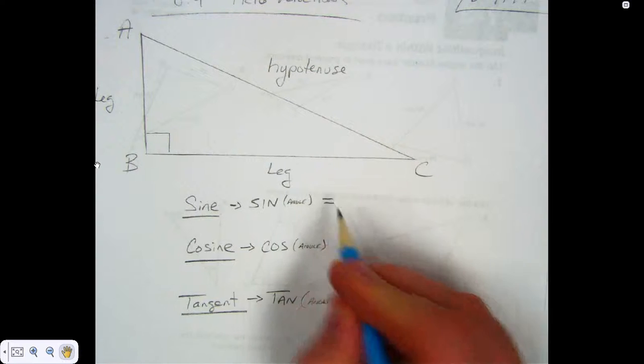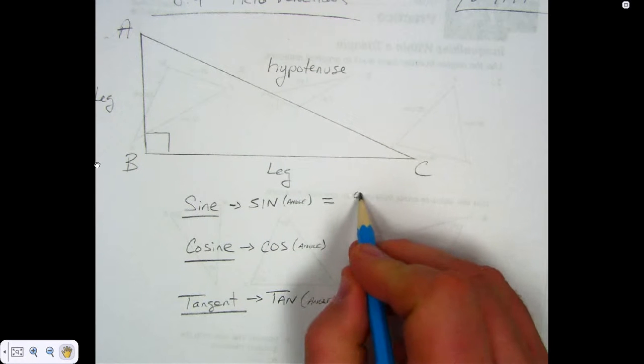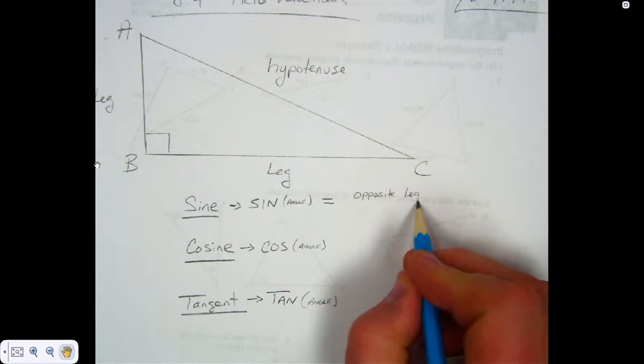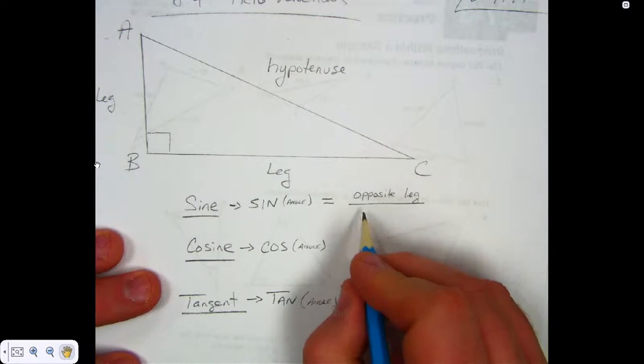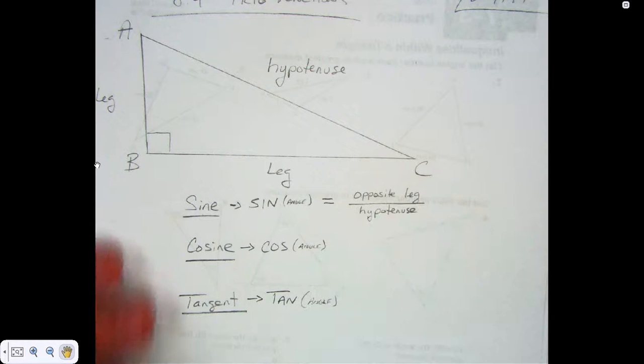The sine of an angle is always equal to the opposite leg over the hypotenuse.